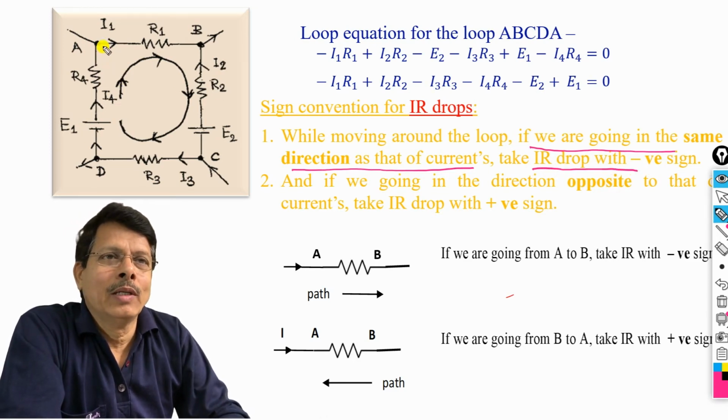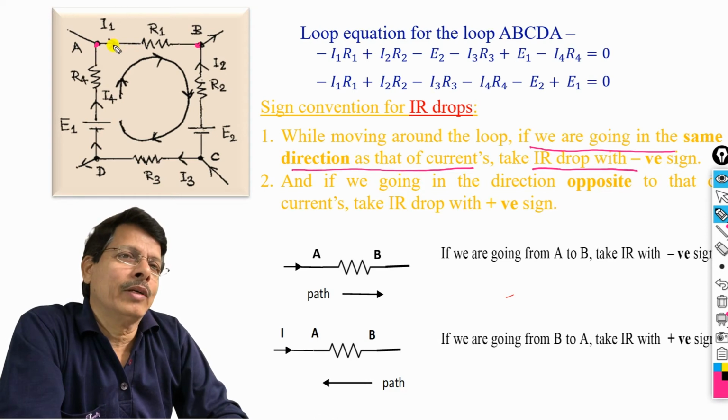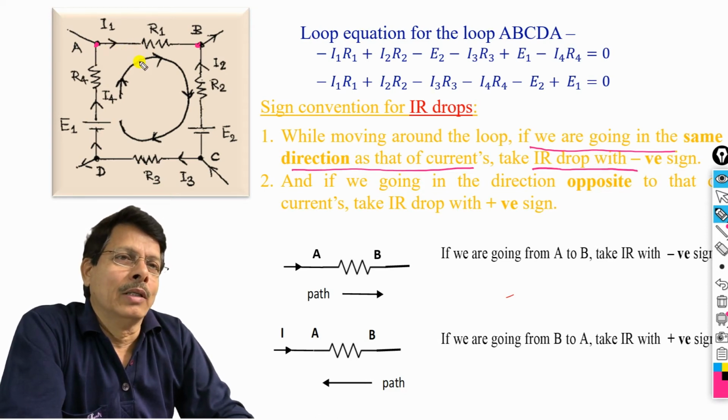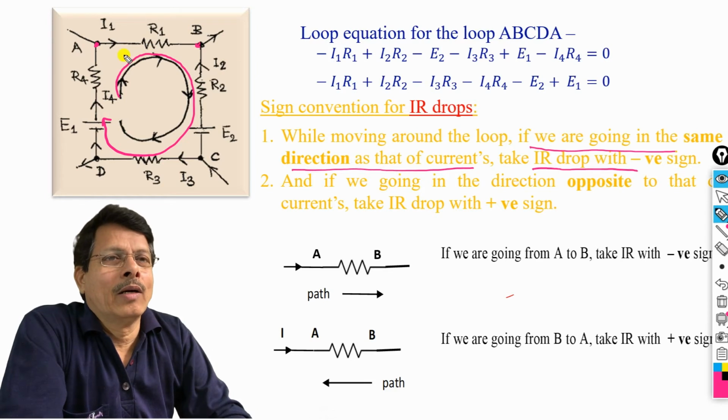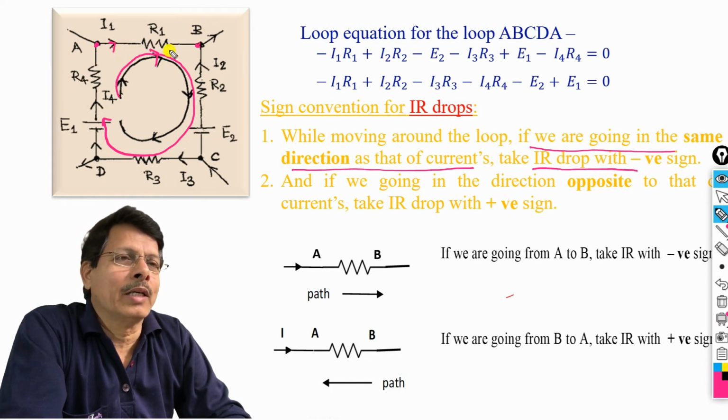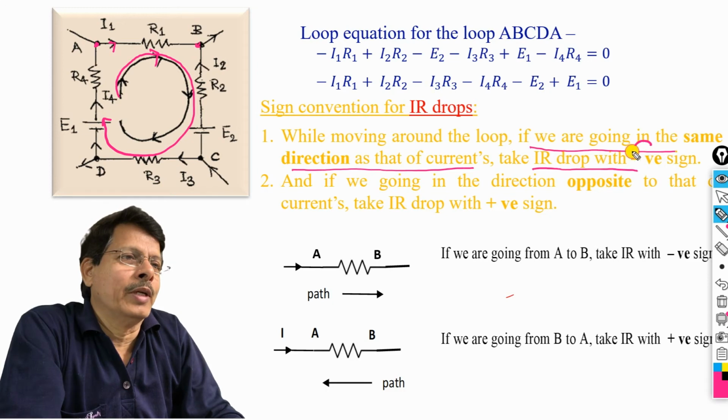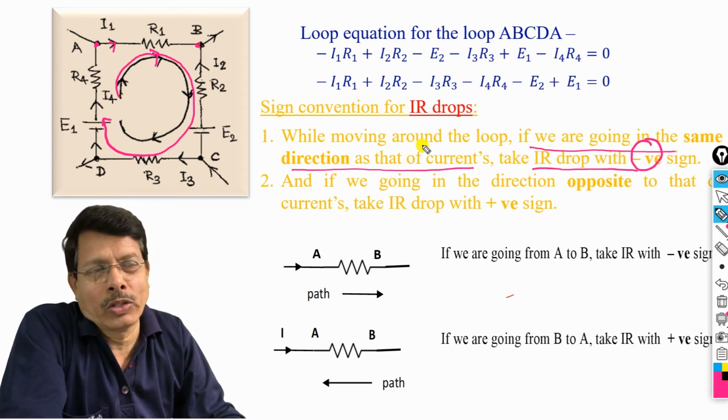Come to the loop, from this point A to B there is a R1 and current I1 flowing through it, and our path of circuit tracing is like this. As you go across this R1, your direction of tracing is the same as that of I1, and therefore that corresponding drop should be taken with negative sign.